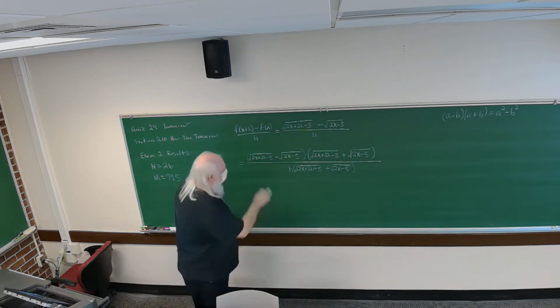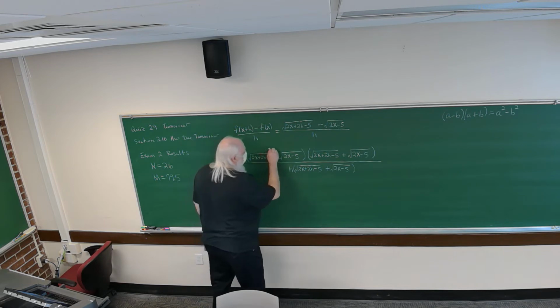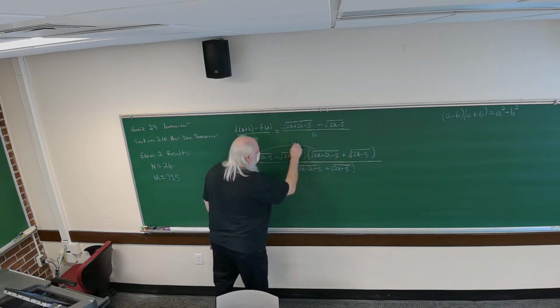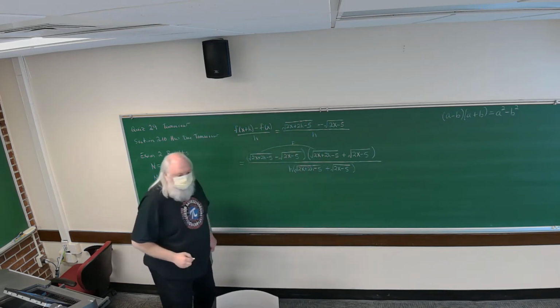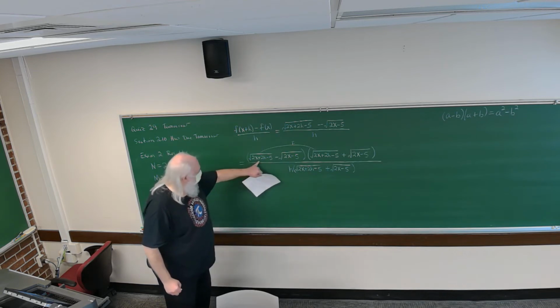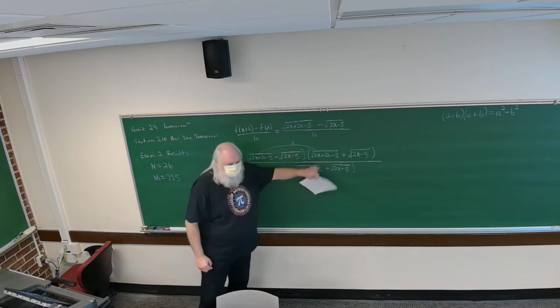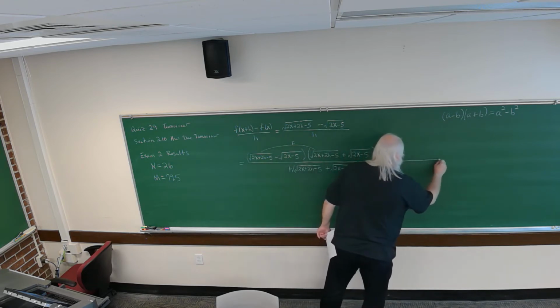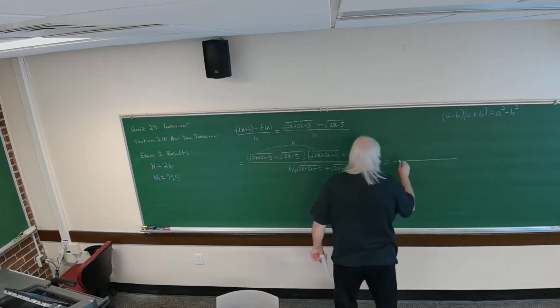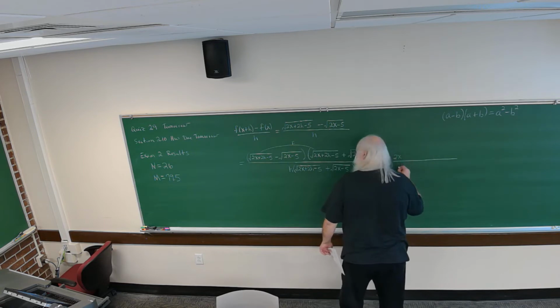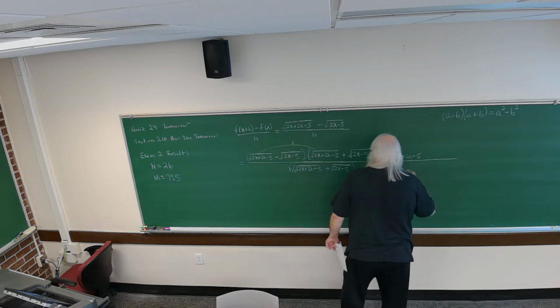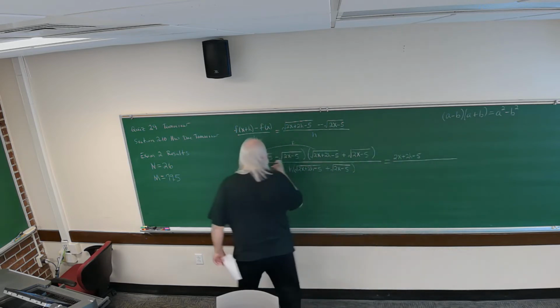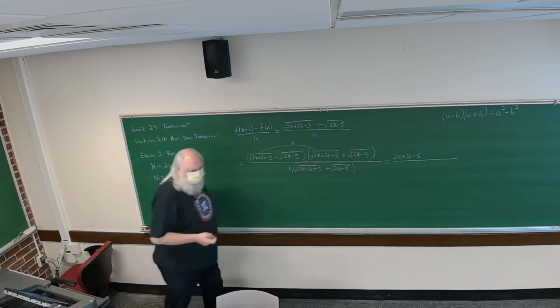So when we FOIL this numerator, right? Product of the first terms, square root times the same square root, that's equal to 2x plus 2h minus 5, right? When you multiply this square root by itself, the square root goes away.